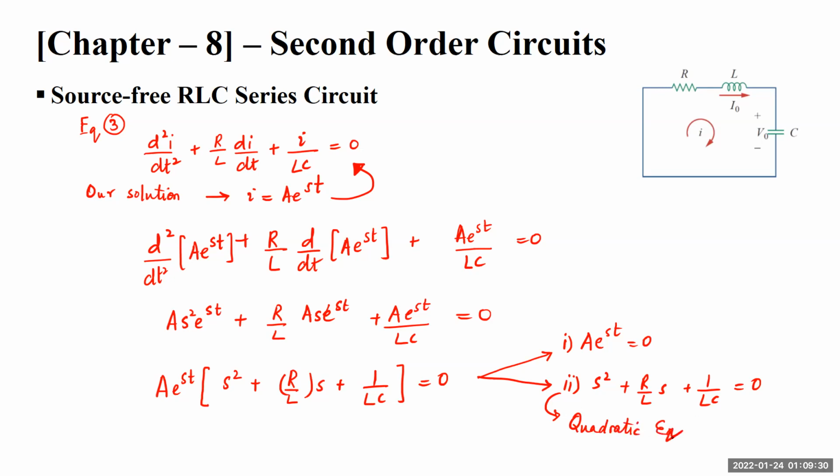If we solve this quadratic equation for s, we will get two values of s, and those two values of s will give us two different solutions which satisfy the second order differential equation.